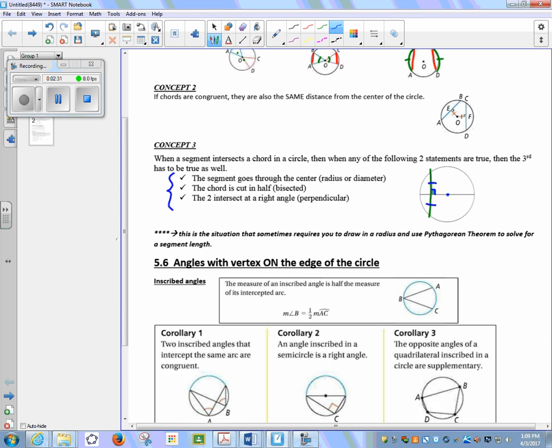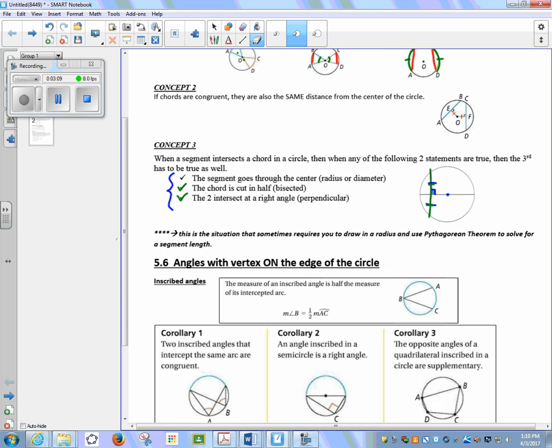In other words, if they give you a segment that goes through the center and you see that the chord is bisected, you can draw in the right angle, because if two things are true, that last thing has to be true as well. And all the scenarios are true. If you have the chord bisected and perpendicular, then you know this has to be going through the center. So even if there was no dot there showing you the center, if those two things are true, bisected and right angle, you can assume that it's a diameter because of these theorems.